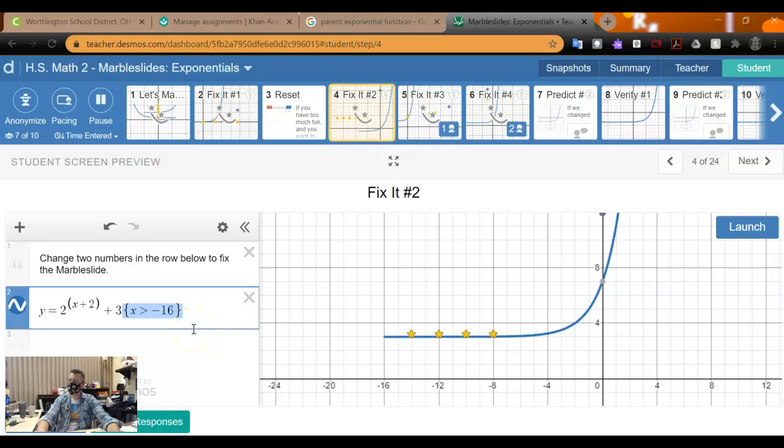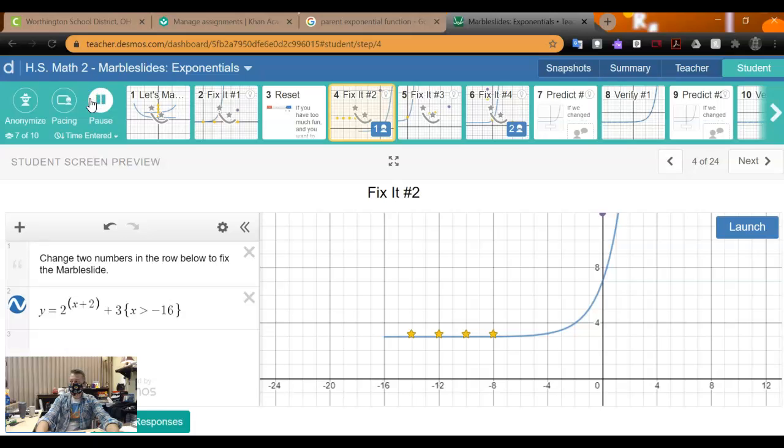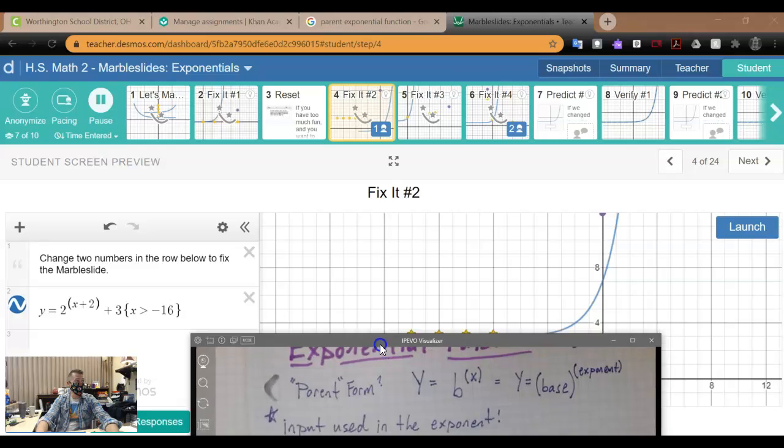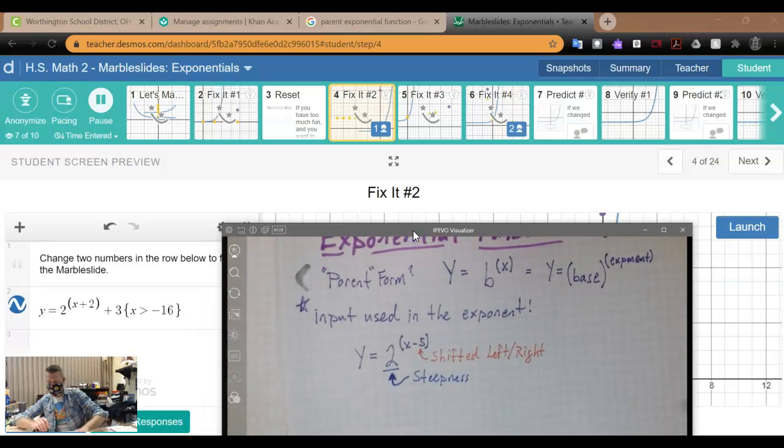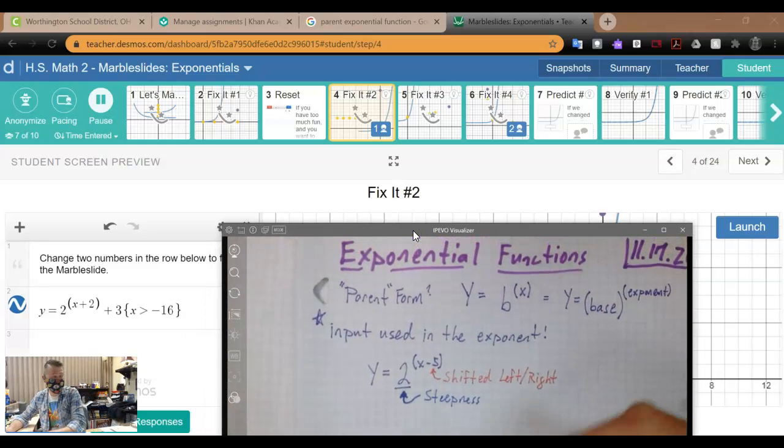Use vocabulary. It's restricting. That is not vocabulary. Cut it out. So if we have some sort of, so now let's write down y equals 2 to the x plus 2.